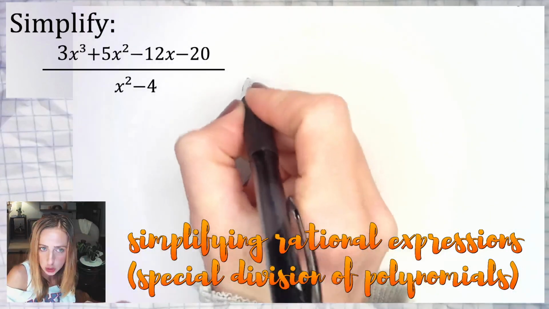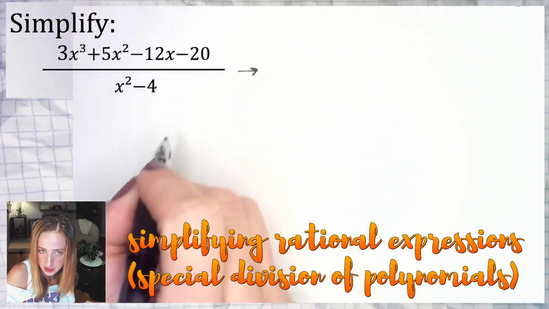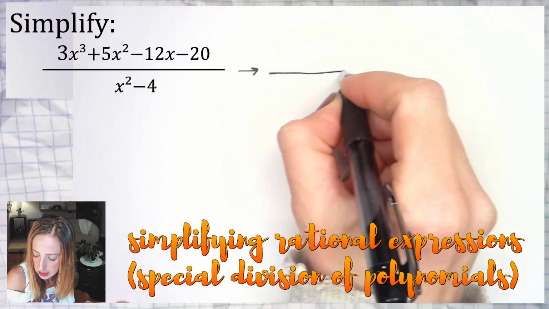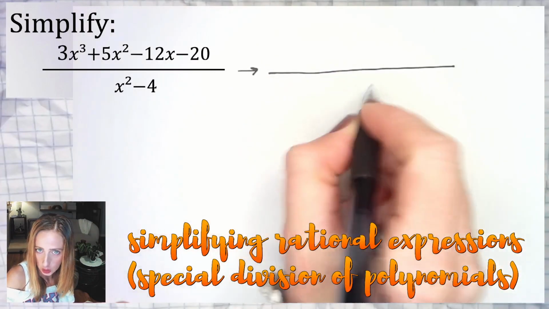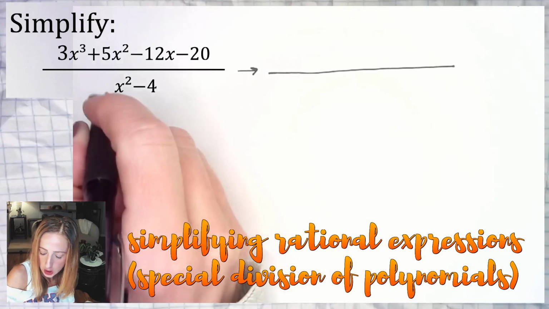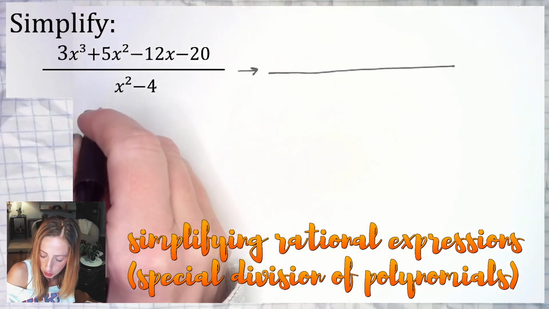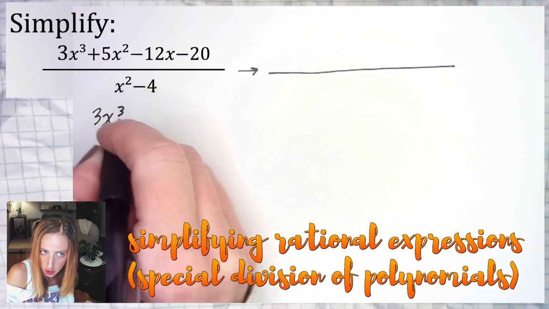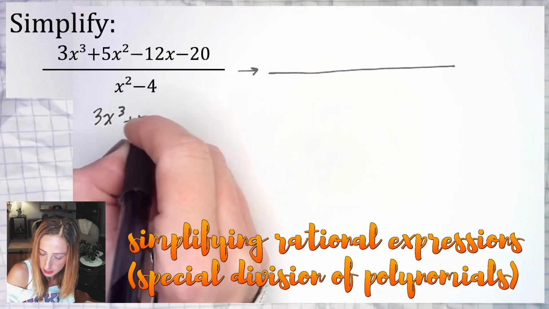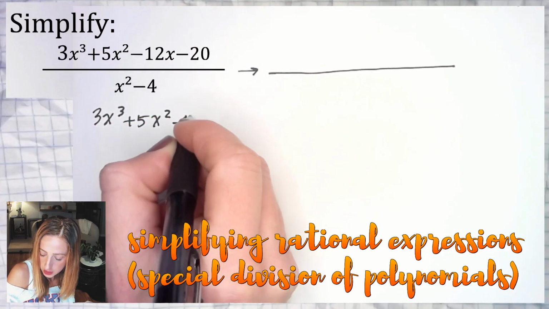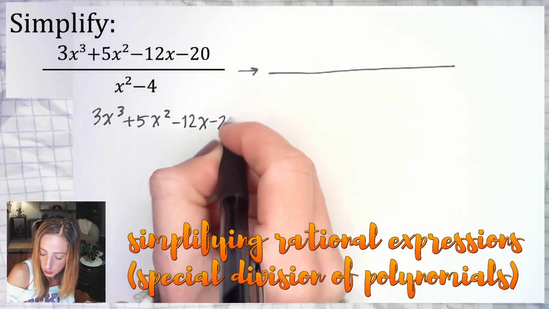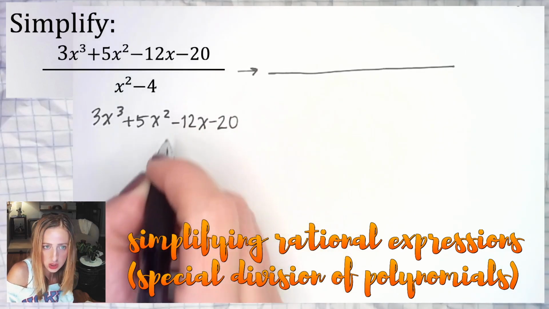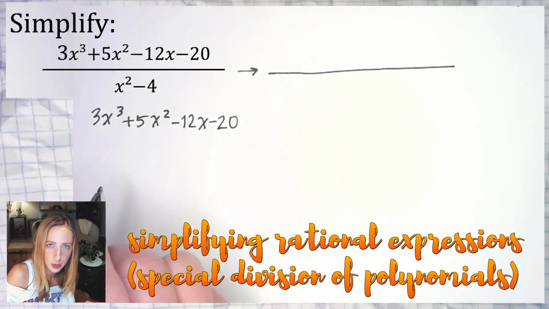So we're going to factor this. Now I'm going to put the factored form in this next step over here, but I'll do the work for factoring on the side. So I have 3x cubed plus 5x squared minus 12x minus 20. If you are one of these people that really wants to switch these around, just please remember you don't have to.